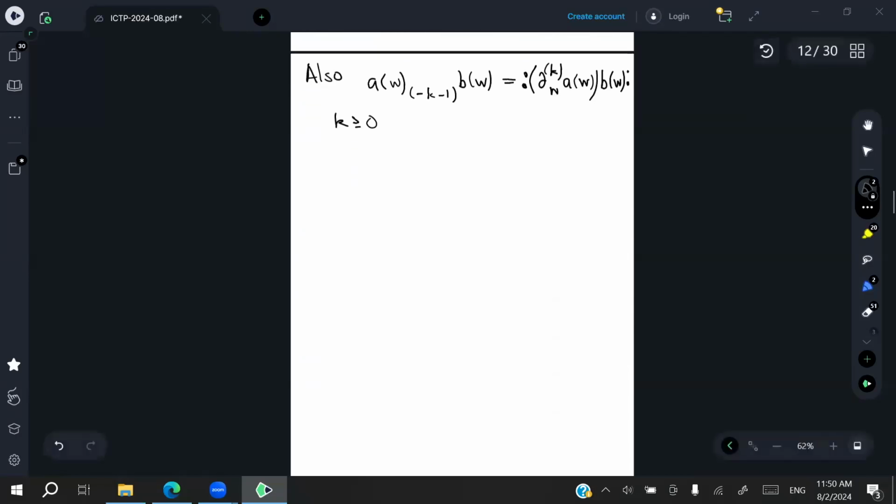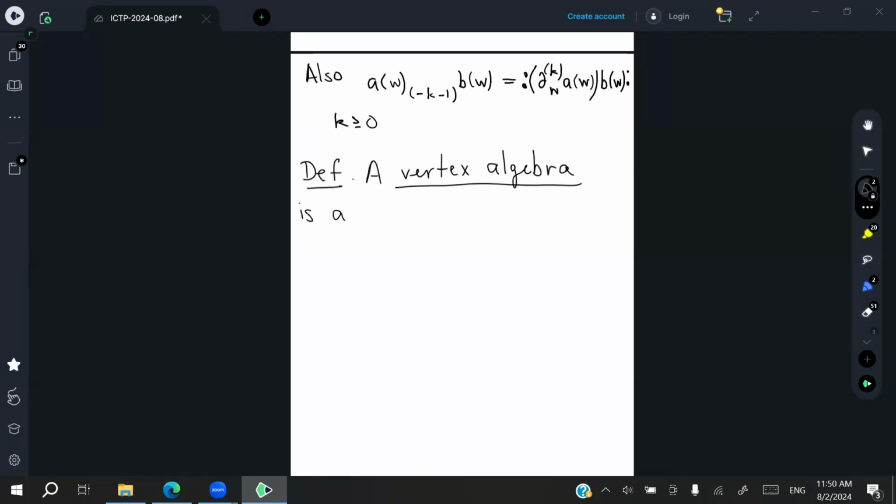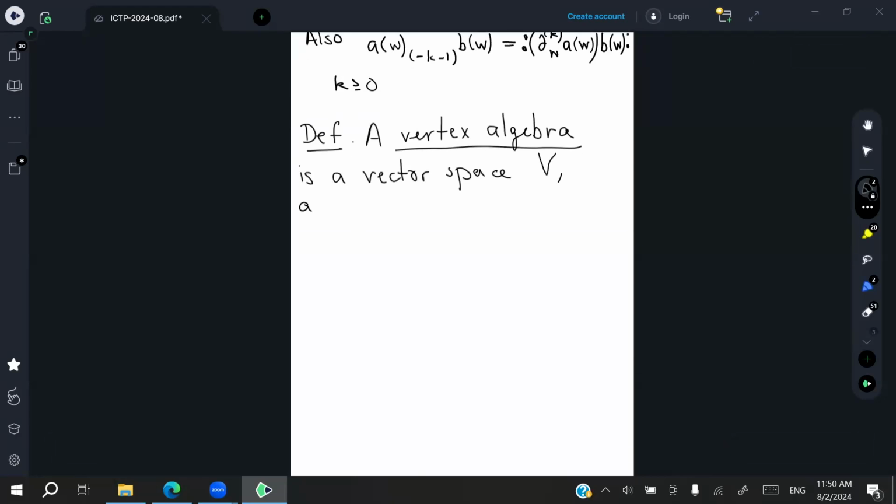Okay, so now let's say definition A. Vertex algebra. There's a vector space V. An element, a vector we call 1.